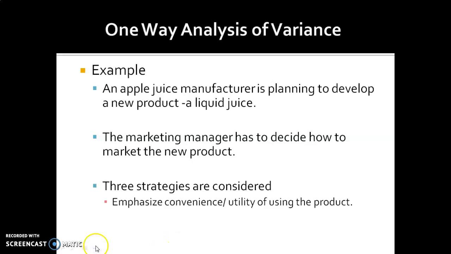And if it is not that tasty, we can try to add sugar into that juice. But then the marketing manager has to market that product. So he can put more stress on the convenience of using that product. That is, whenever you want to have orange juice, you don't need to do those kinds of techniques, that is opening up a juicer, peeling those oranges, putting them into that juicer, taking out the juice.